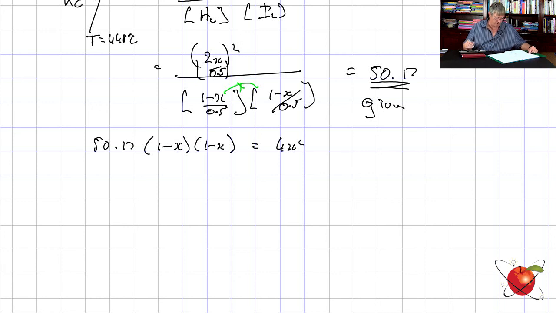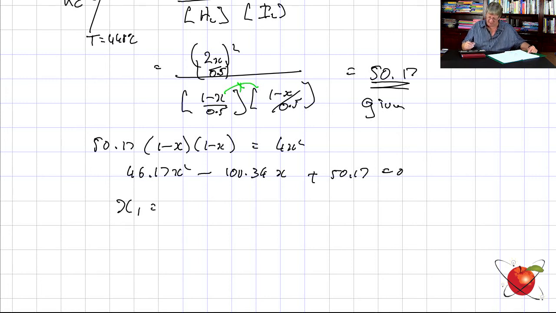Basically, you're going to end up with a quadratic of 46.17x squared minus 100.34x plus 50.17 equals 0. And you're going to solve that with a calculator. x1 is 1.34. x2 is equal to 0.78.